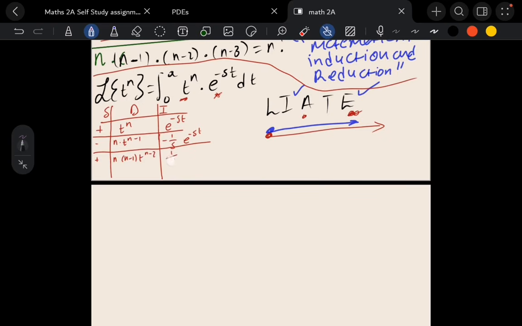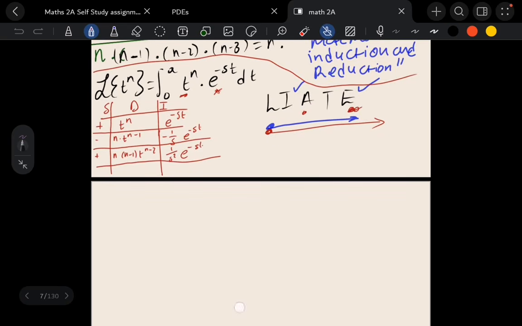It's going to be 1 over s squared e to the power negative st. If you continue doing it, I'm going to have minus n times n minus 1 n minus 2 t to the power n minus 3 1 over s cubed e to the power negative st.